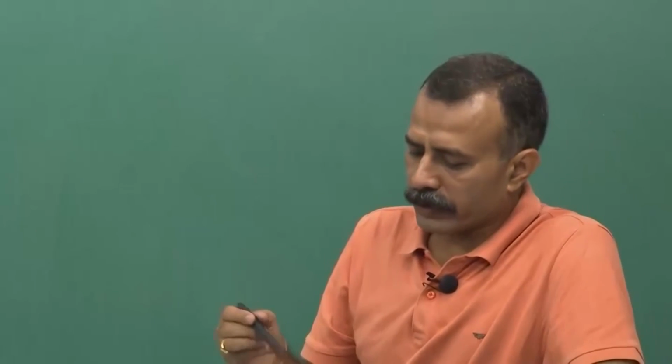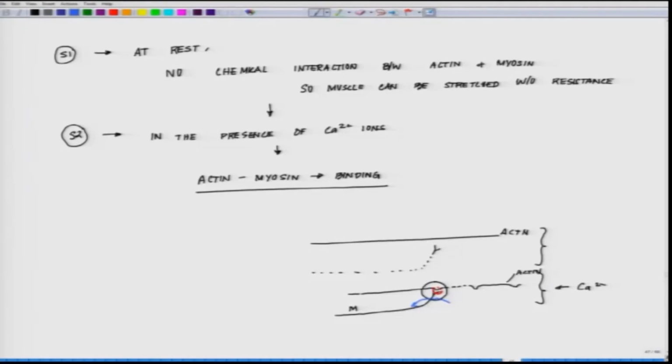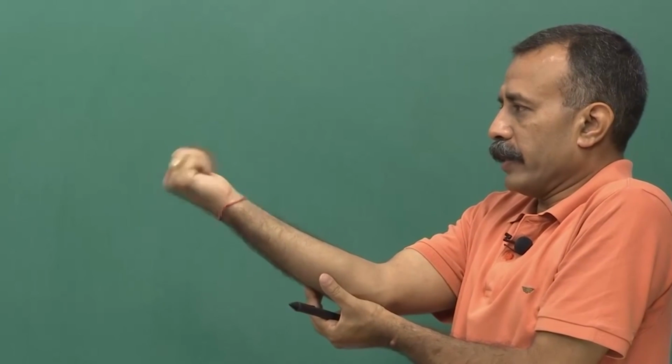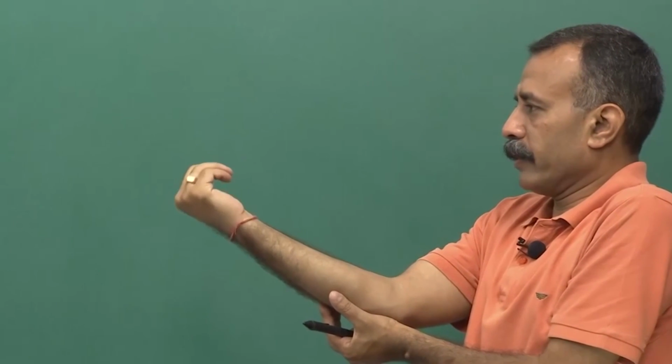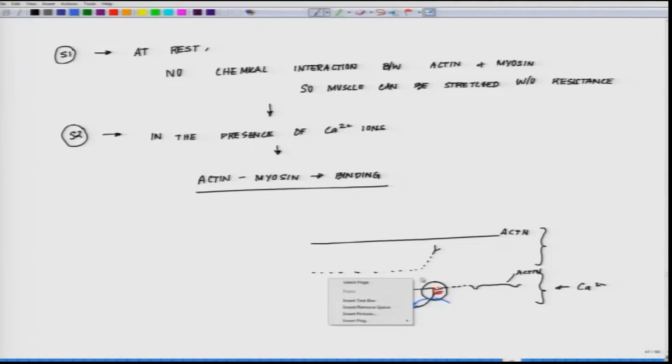So, while I am pulling this myosin filament, because its head is moving like this, it will pull the actin filament along with it. And this is an energy intensive process.